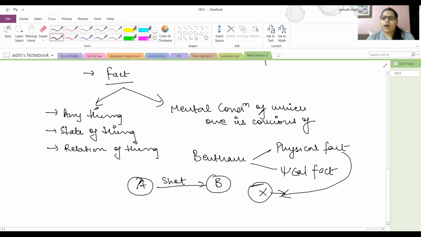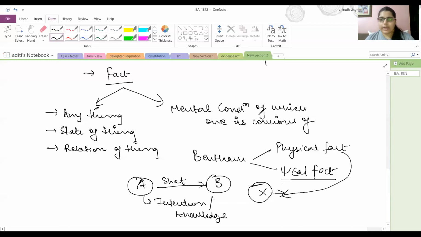Moving on to the psychological fact, with what intention or with what knowledge did A shoot B? That is your psychological fact, because it cannot be merely analyzed by looking at the person. This is a true fact that an intention of a person is never ever punishable, because obviously we cannot analyze what a person is thinking or what is going on in the mind of a person.